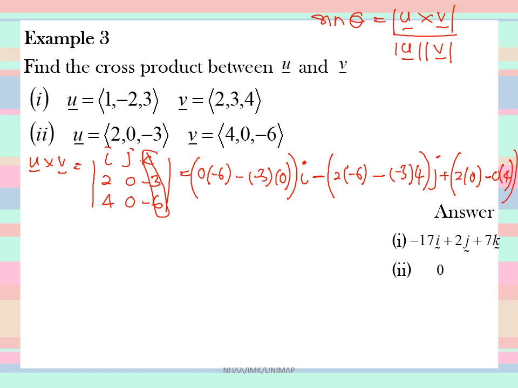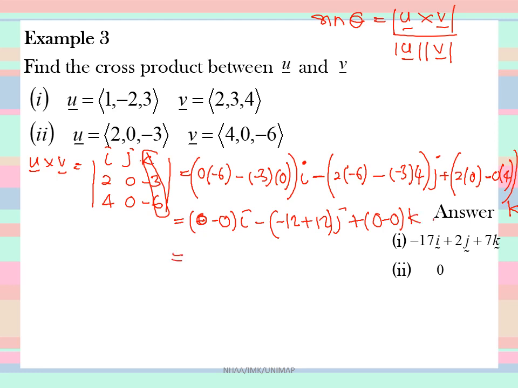Close the bracket. Solving this, you got 0 minus 0 for i, minus negative 12 plus 12 for j, plus 0 minus 0 for k.